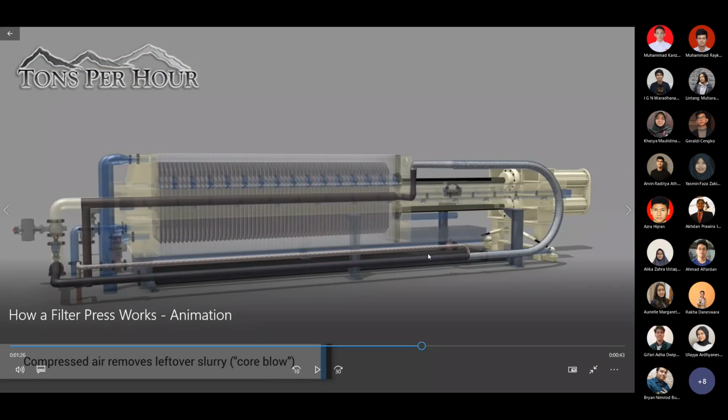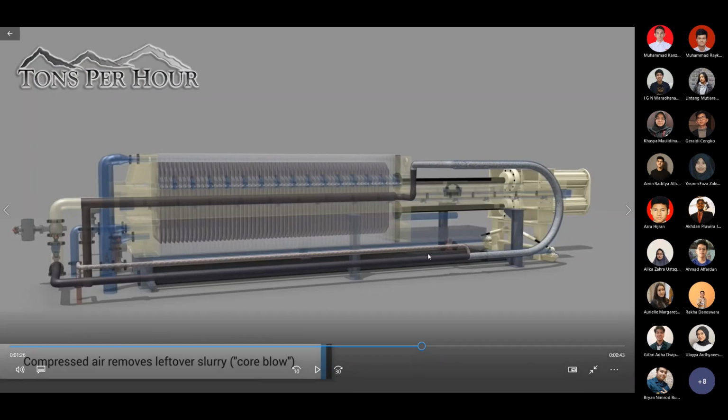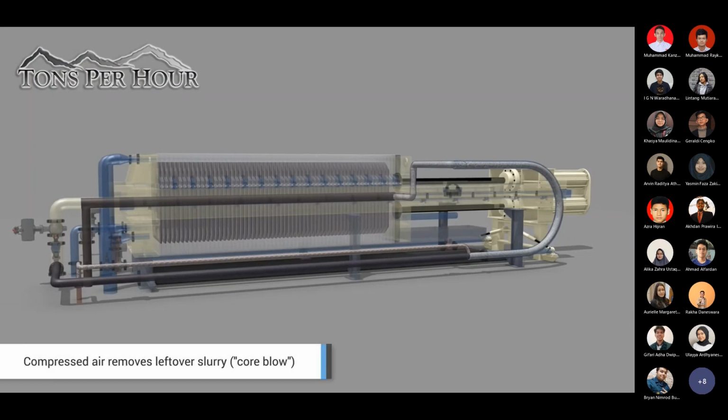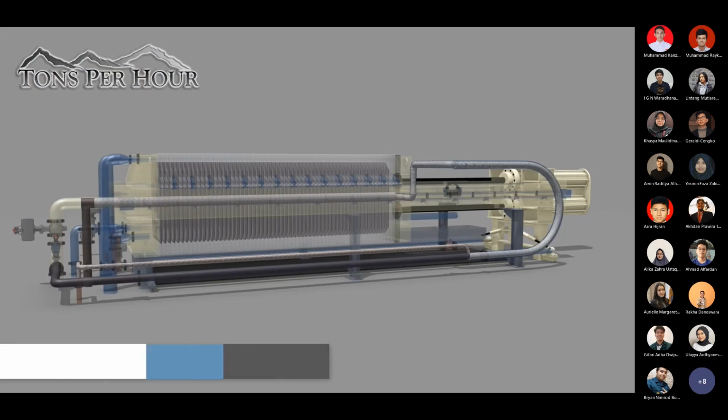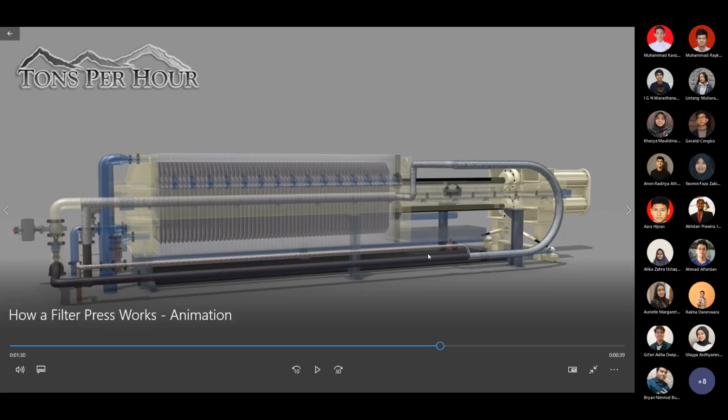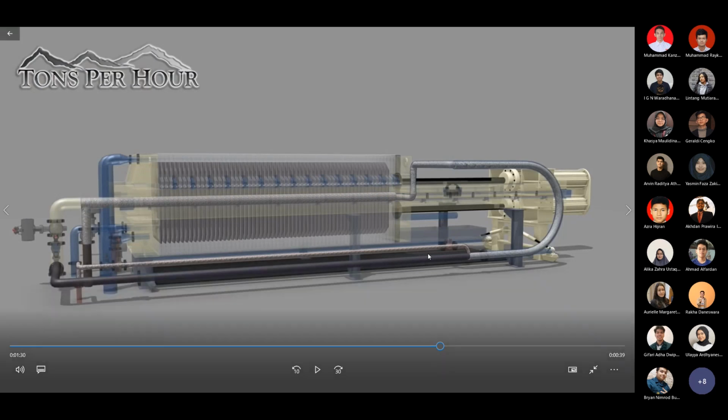This is the compressed air, as I mentioned, working as a hydraulic to tighten the plate within the filtration. It's also possible the air is used like a blower, to flush the accumulated solid within the filter.